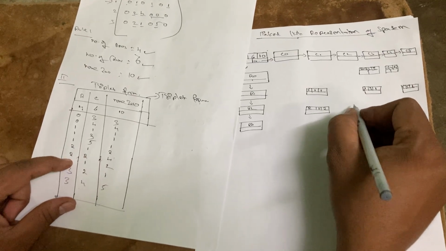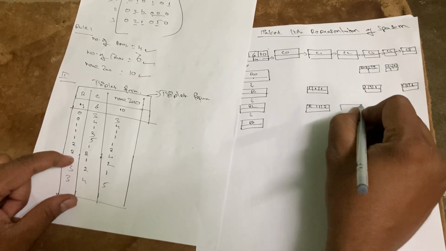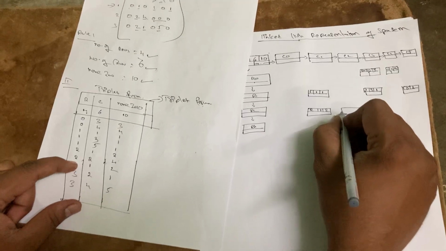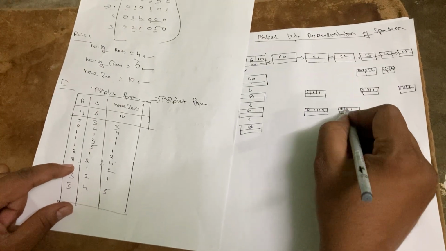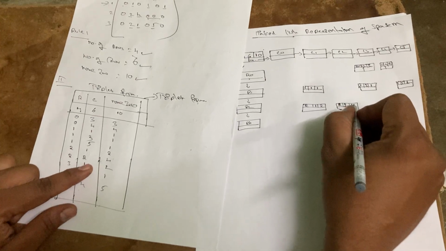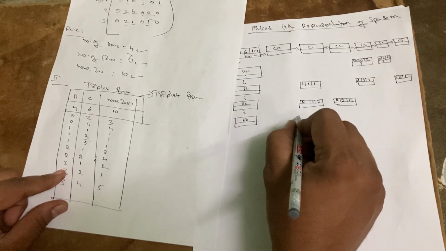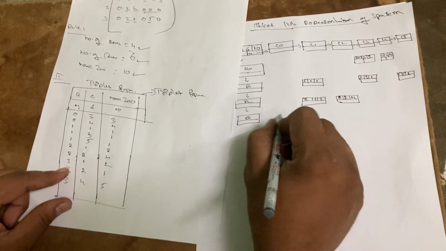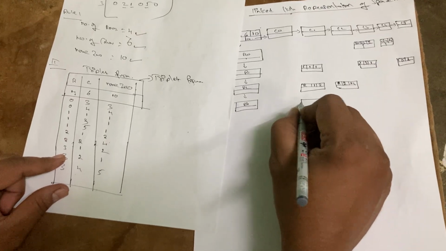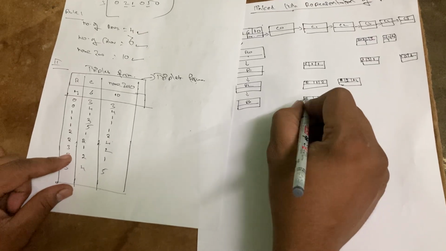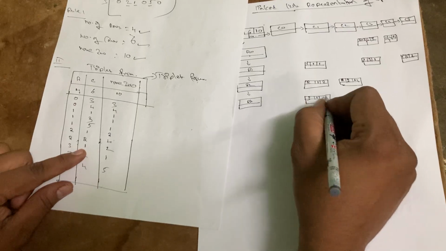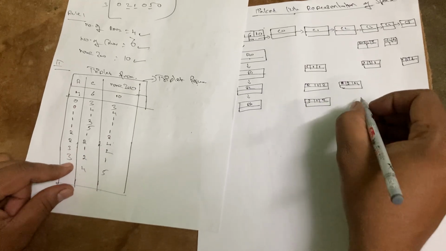And second row, second column, second row, second column and value is 4. Third row, first column, third row, first column and value is 2.